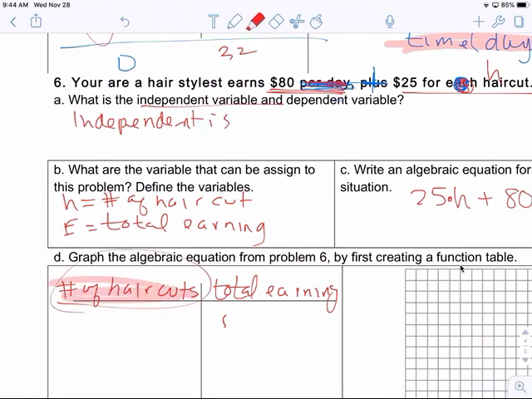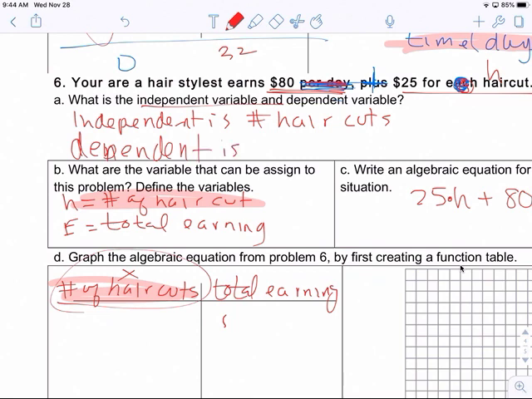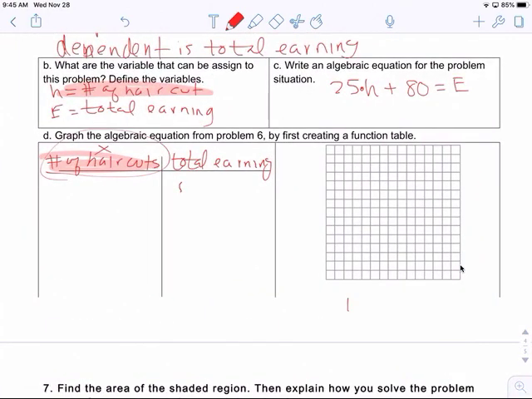Right here. Number of haircuts, your X. Your first one is always your X. Your dependent is your Y. The wording for the variable is total earning. All right, so you put it here. Number of haircuts. Total earning. Let's just put earning.